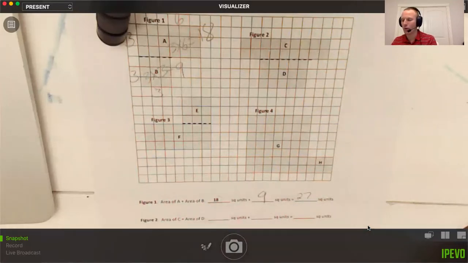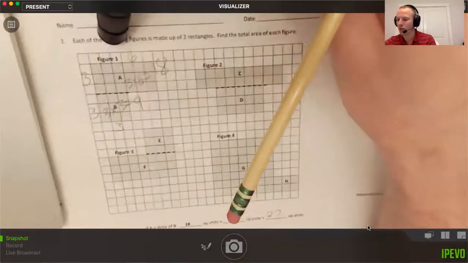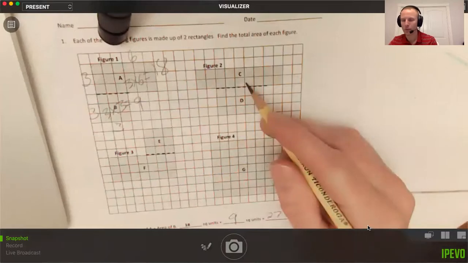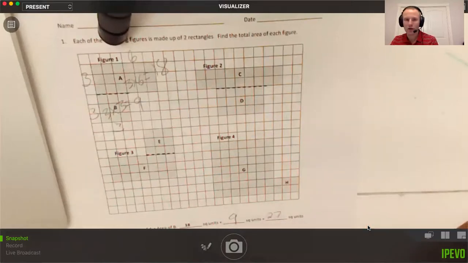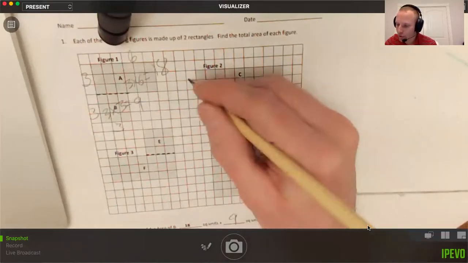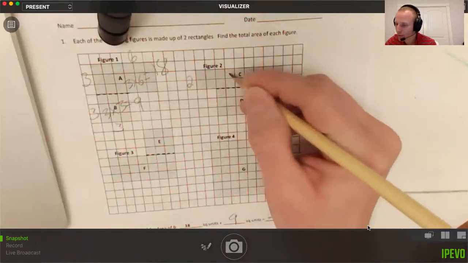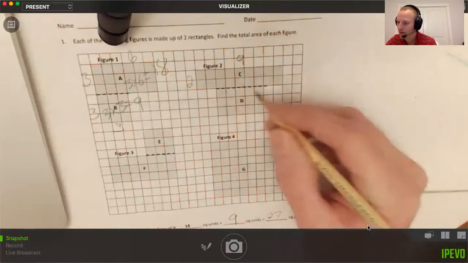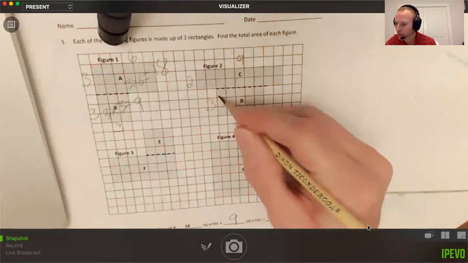Let's do one more of those. Let's do figure 2, this other one right up here. So in figure 2, I have a 2 by 9, and I have a 3 by 5.